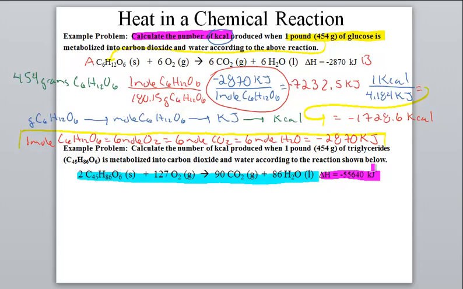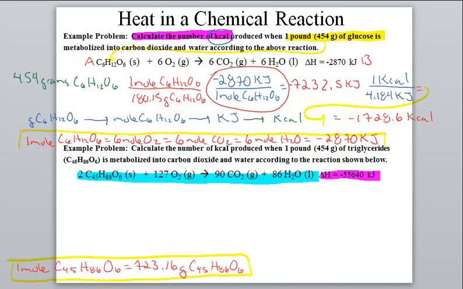It's also for 1 pound, slightly different stoichiometry relationships, but how much energy could you acquire if you metabolize 1 pound of fat or oil molecules via this reaction? So go ahead and pause the video. Very similar, different reaction, same mass quantity. Pause it and see what number you get. Unpause when you're ready to check your answer.